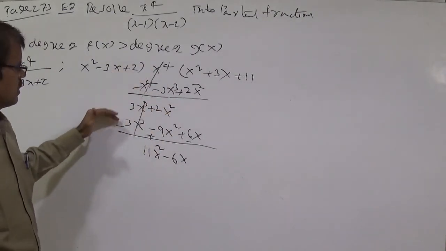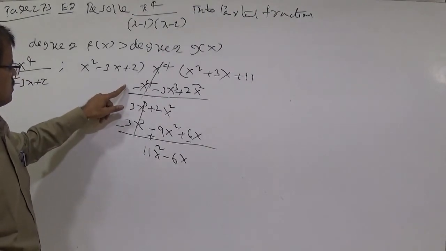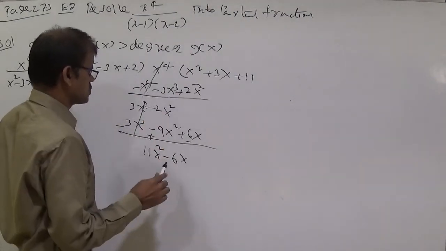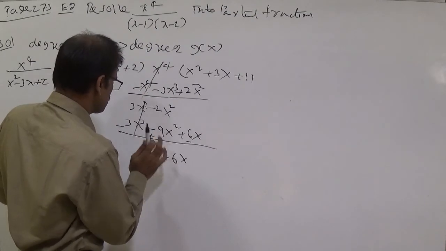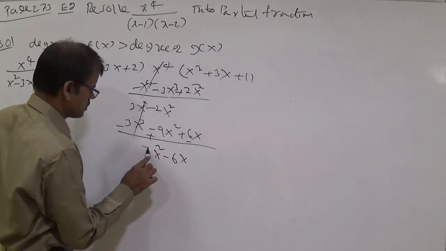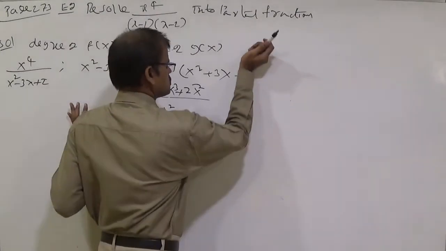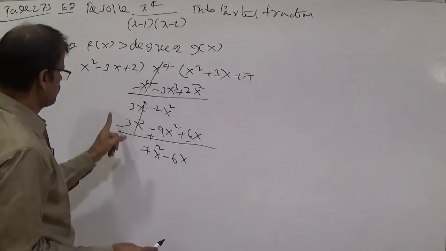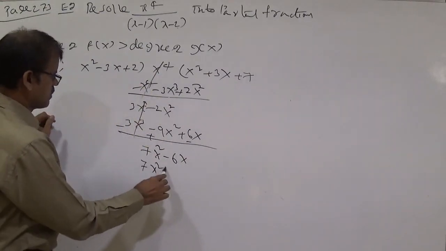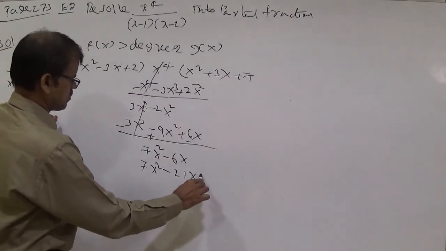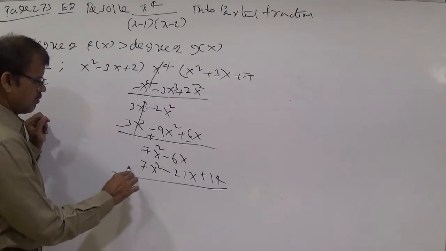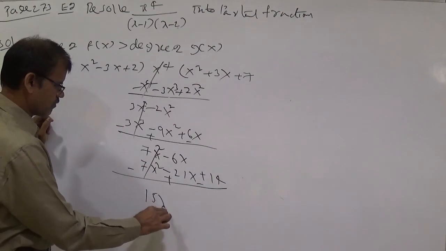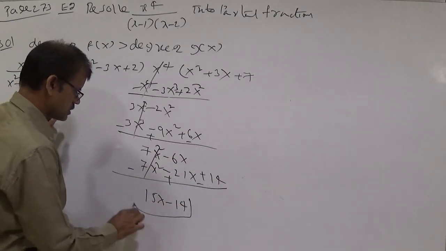Whenever subtracting, x power 4 got cancelled, 3x cube remains, this is minus 2x square. So it becomes not 11 but 7x square minus 6x. So here you write plus 7. With 7 you multiply: 7x square minus 7 times 3 is 21x, plus 7 times 2 is 14. Minus plus minus, you can write 21x minus 6x, it is 15x minus 14.